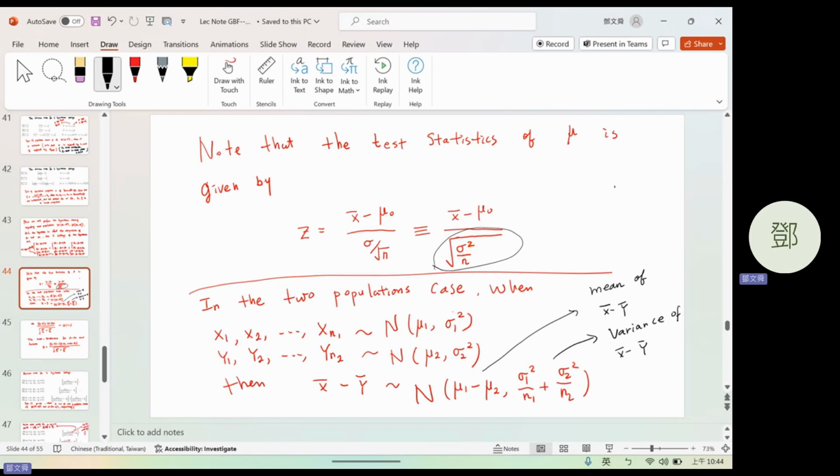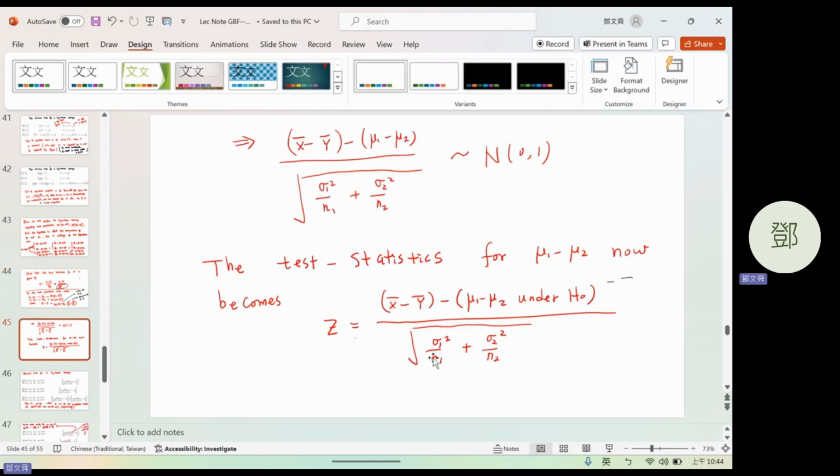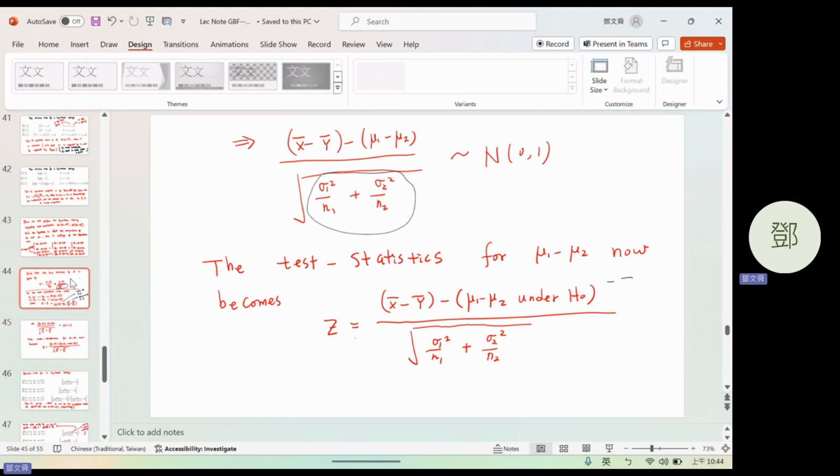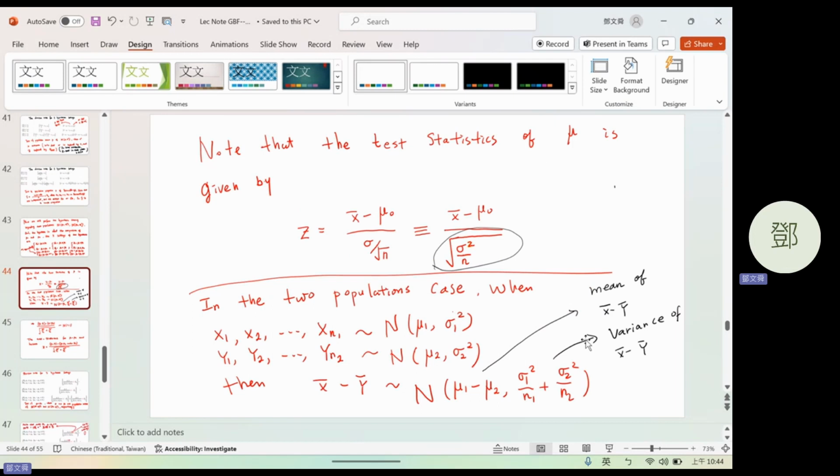When it comes to two populations, all you need to do is sum them up because there are two standard deviations, two variances. So the extension is easy. If you rewrite this into this, then you can easily extend the expression to the two population situations.